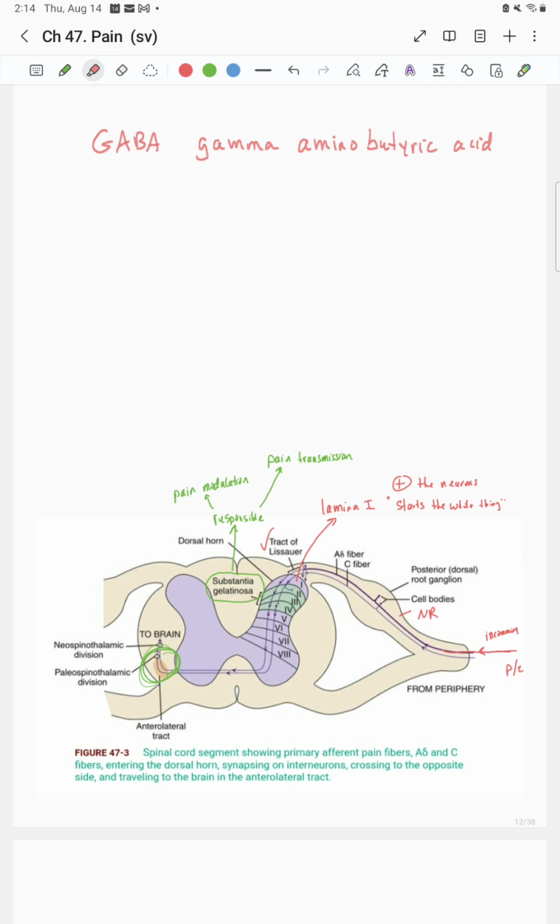Okay, so what you're seeing here is our own natural built-in pain modulation called gamma-aminobutyric acid. Okay, you might also read this as glutamate, which all these help modulate pain.